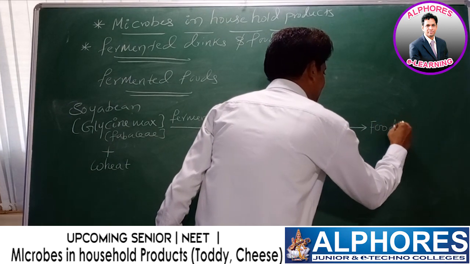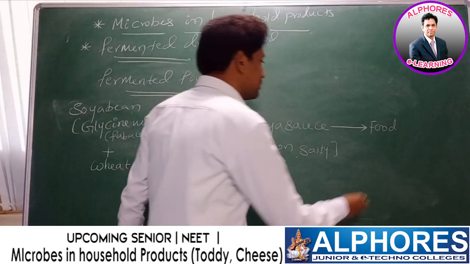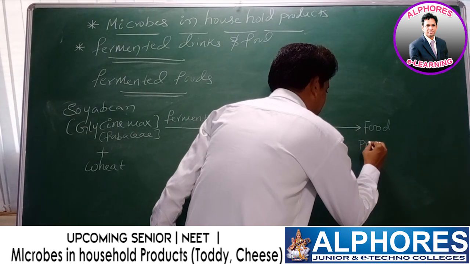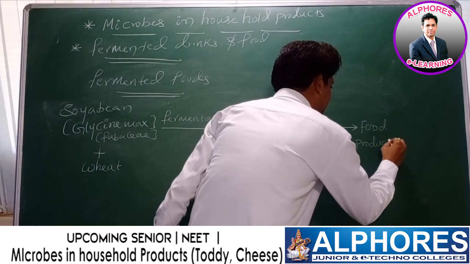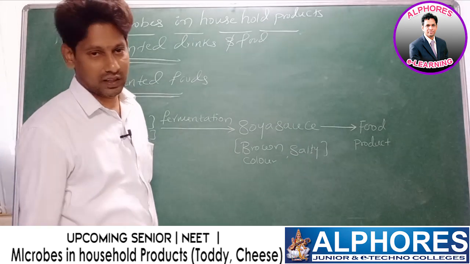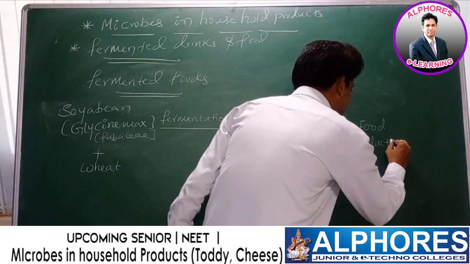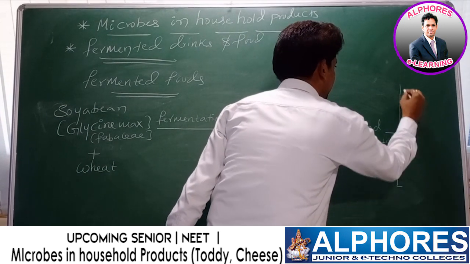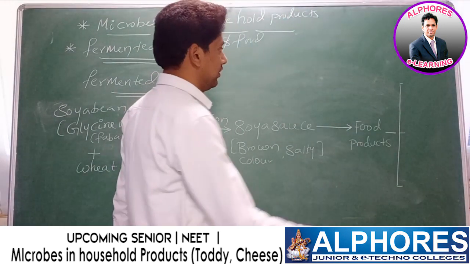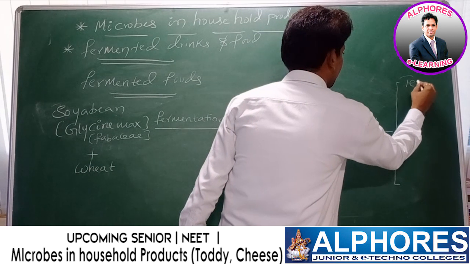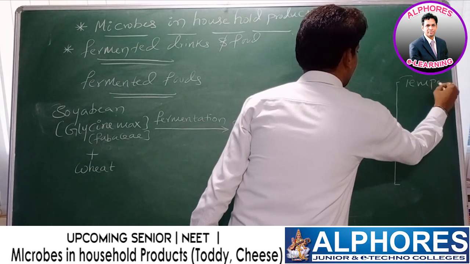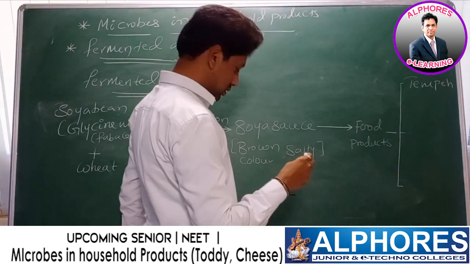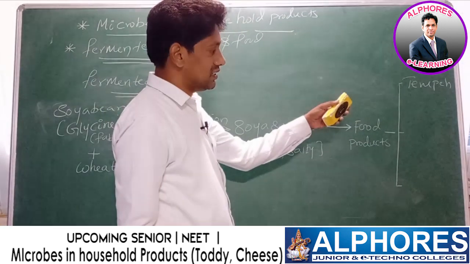Therefore, from soya sauce, we are getting different types of food products. What are the food products we are getting from this soya sauce? Number 1, tempeh.